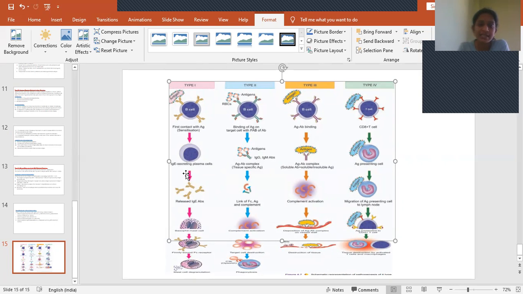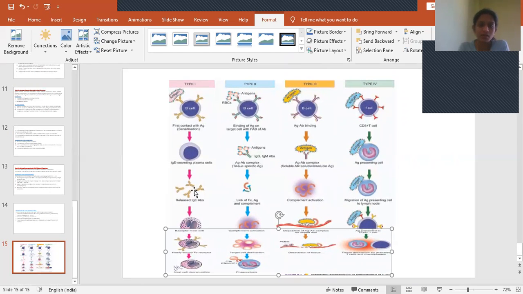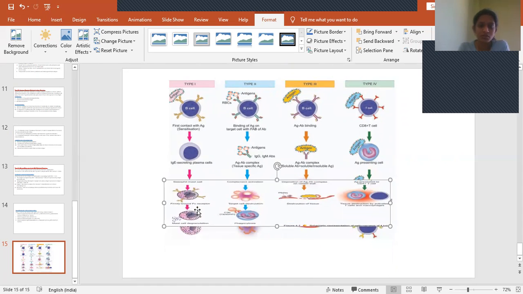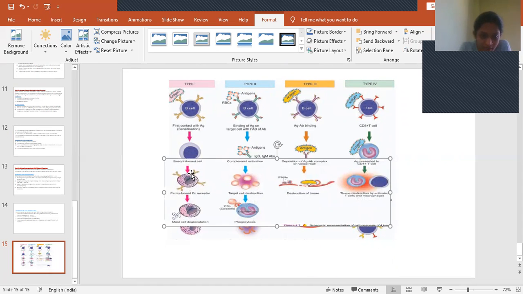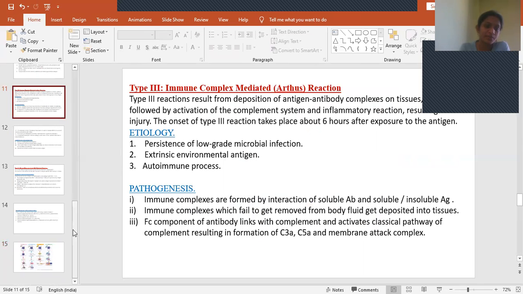These released IgE antibodies will bind to basophils or mast cells. Once they bind to the basophil and mast cell, it causes cell damage and causes the release of all the contents into the circulation. So this is all about the mechanism of type 1 hypersensitivity reaction.